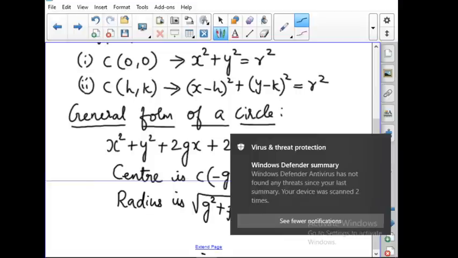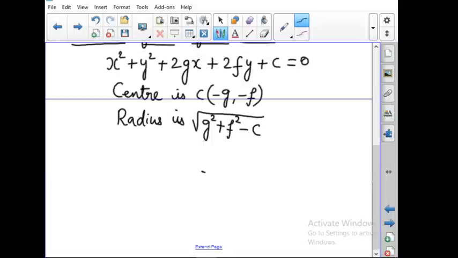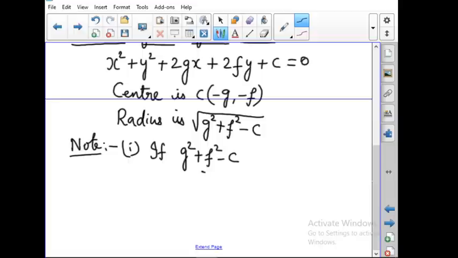We can say that the equation represents a circle with this center and radius. Let us take the notes. Note number 1: if g square plus f square minus c is greater than 0, then the circle is real.